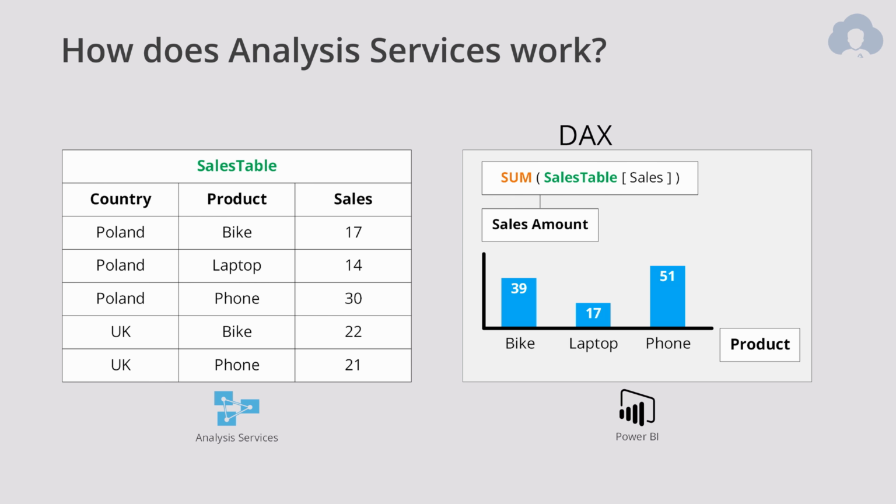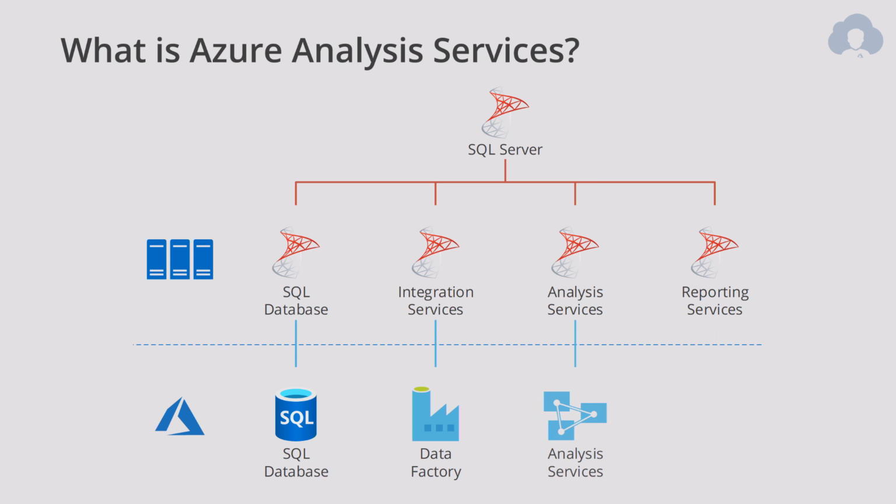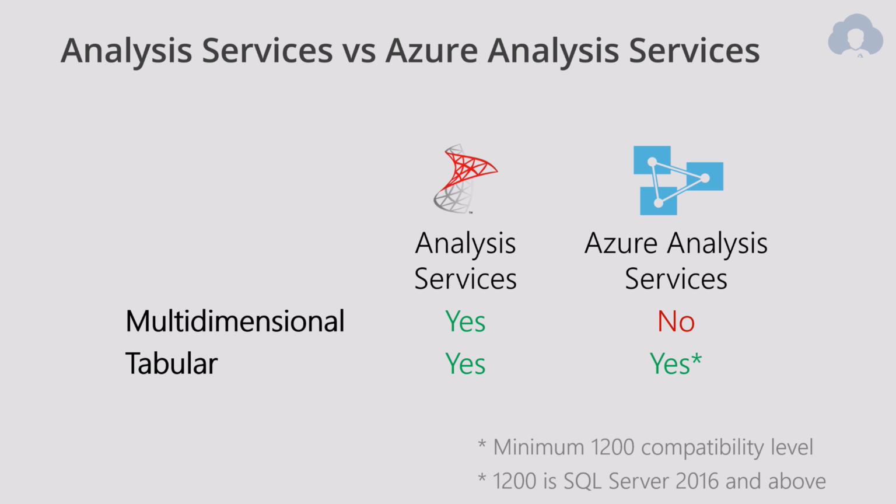That's the analytical part. And what is also amazing here, Analysis Services is really fast at it, because it's your in-memory database. Originally, Analysis Services was a part of the SQL Server family, but it was also migrated to Azure, and now you have Azure Analysis Services.